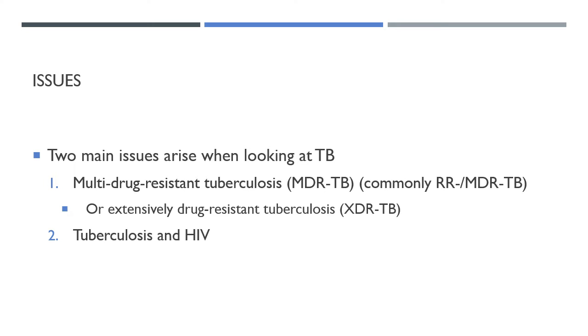And then secondly, like I said before, HIV and TB go hand in hand. HIV weakens the immune system, therefore making TB easier for these people to catch. But I also want to point out HIV and TB as a social problem. HIV is still a little bit of a taboo, so people with HIV are usually marginalized.